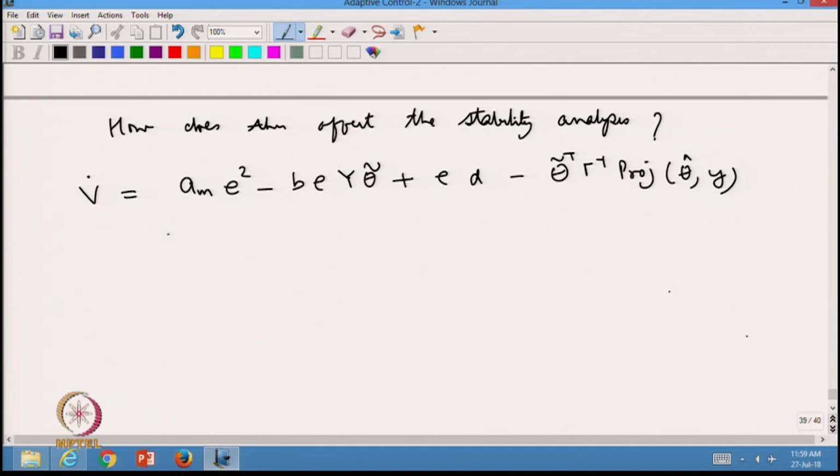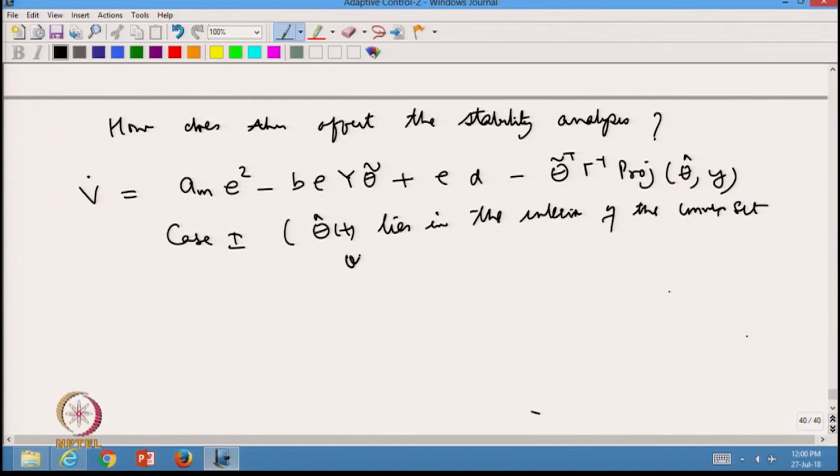For case 1, which is when theta hat of t lies in the interior of the convex set or on the boundary and pointing inside the set. So this is case 1.